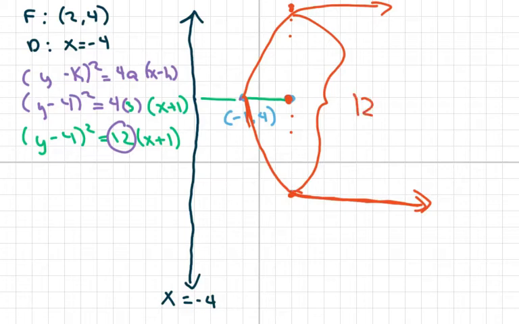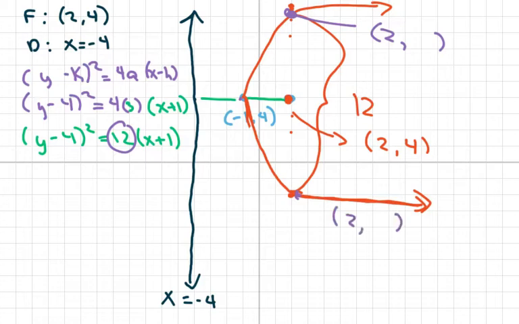Now, we know that I'm changing the y, and I know this point here, my focus here is 2, comma 4. Therefore, I know this point here is 2, comma something. This point is 2, comma something. And you can get it right off the graph, or you can just plug in your x into the equation and solve for y.